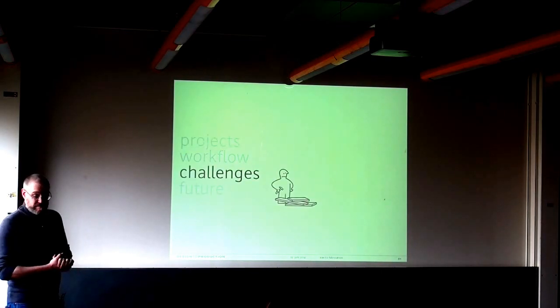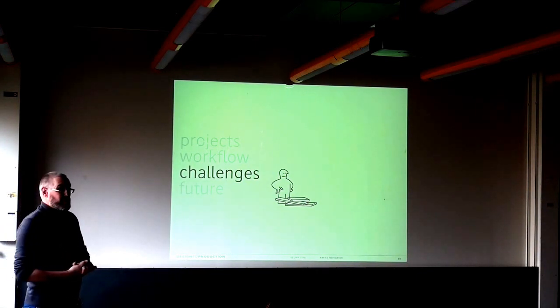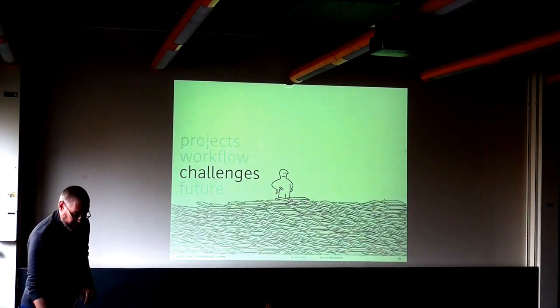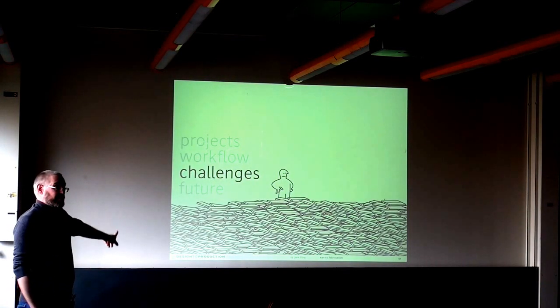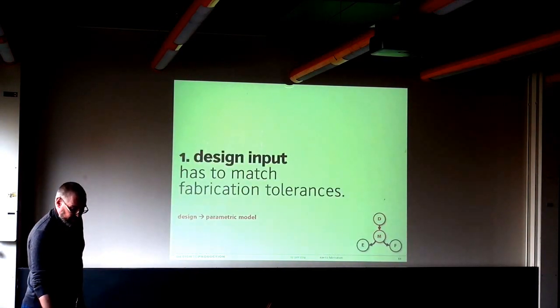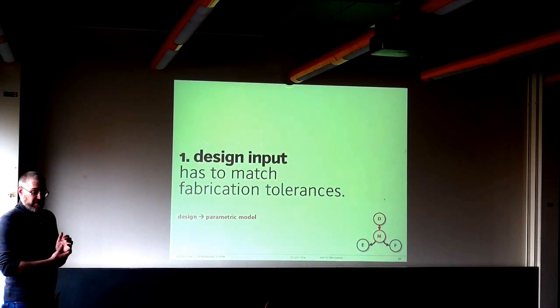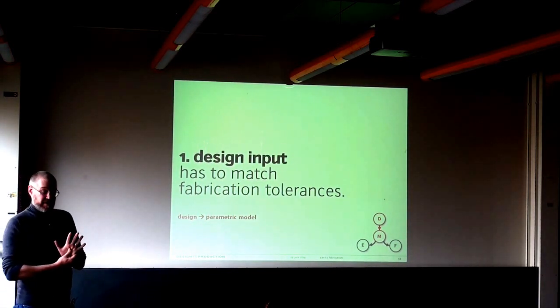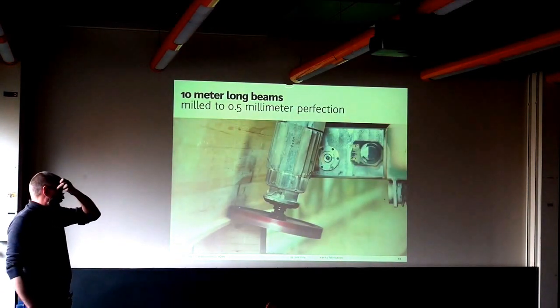So very quickly about the challenges in the process. There are quite a few, and the process one is only one of them. Yeah. We have to tackle a lot of different components in the project. But usually we start with a design input, and the design input has to match the fabrication tolerances already. Because in the end, you're taking a machine like this.